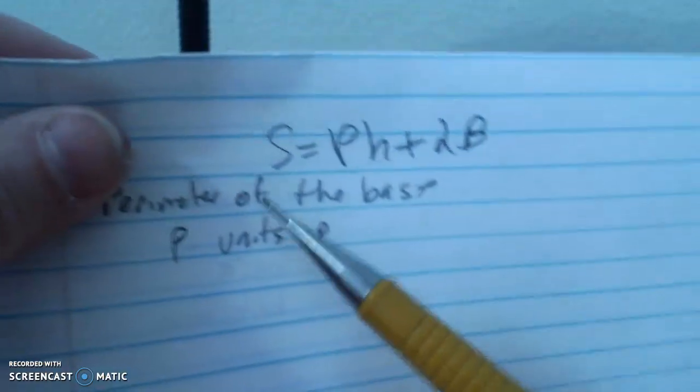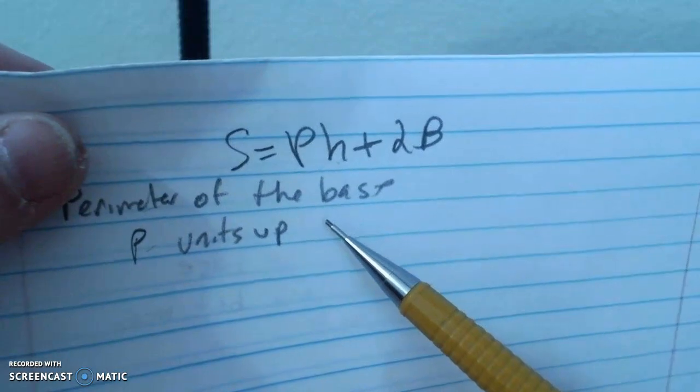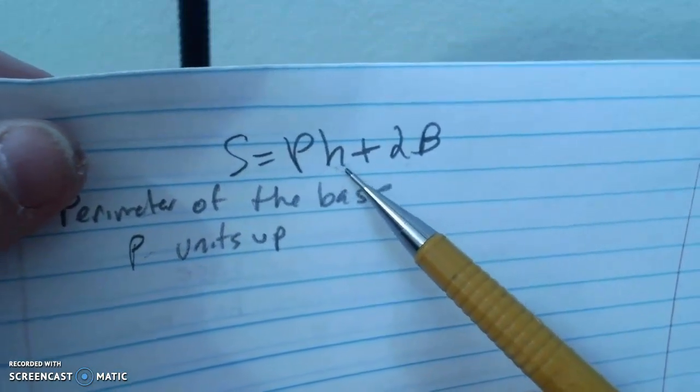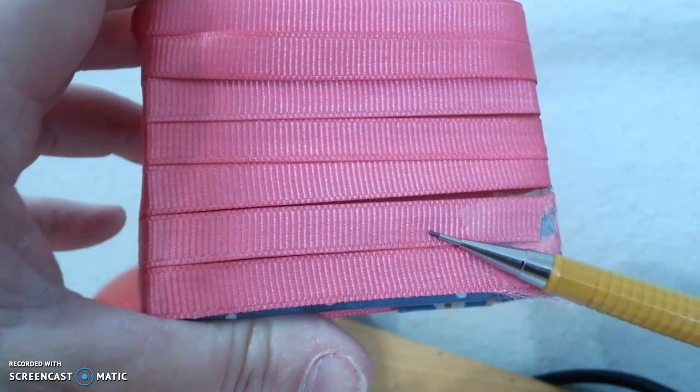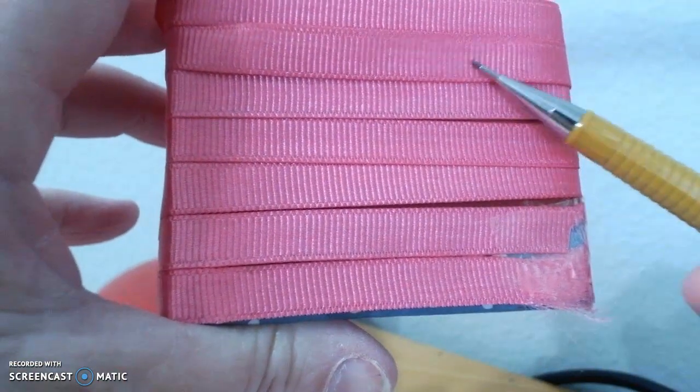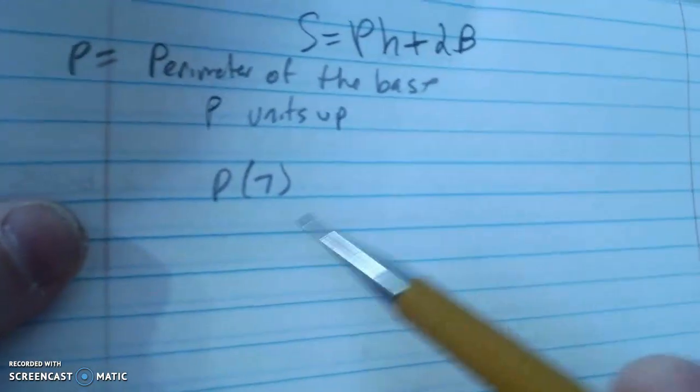So it's walking around the figure, wrapping a ribbon around it until you get to the top using the unit measurement. So here, I did 1 wrap, 2 wrap, 3 wrap, 4, 5, 6, 7. So this would be whatever my perimeter was, times 7.